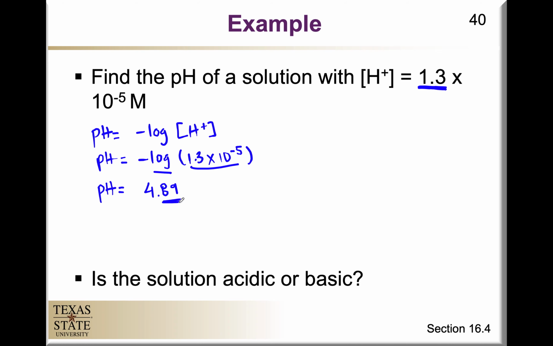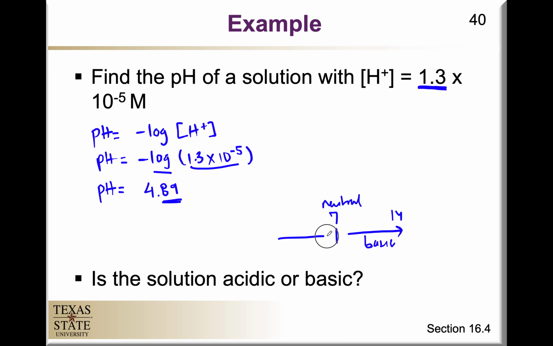That's important. All right, so now the question is, is the solution acidic or basic? There are two ways for us to think about it. If you go back to thinking about the pH scale, we said that at 25 degrees Celsius, the pH scale has a pH of 7 for a neutral solution, and the pH would increase, so 7 to 14 or beyond, for a basic solution.